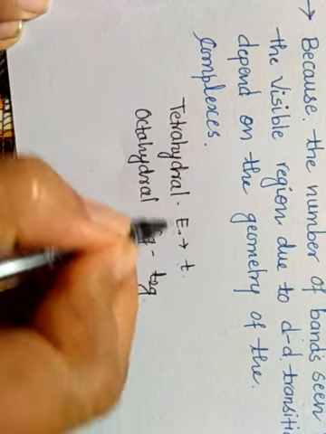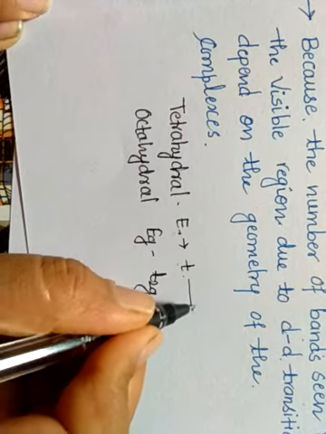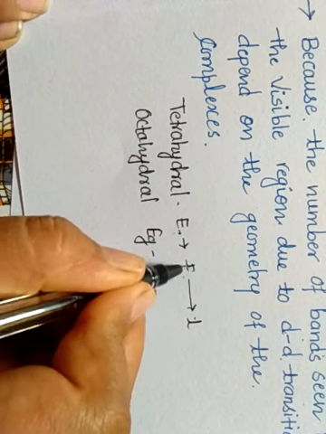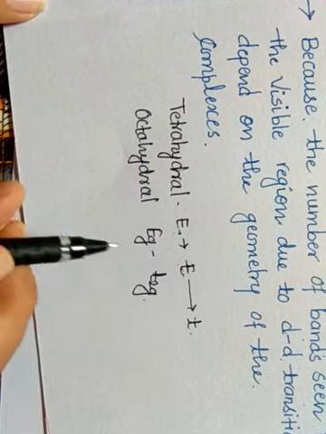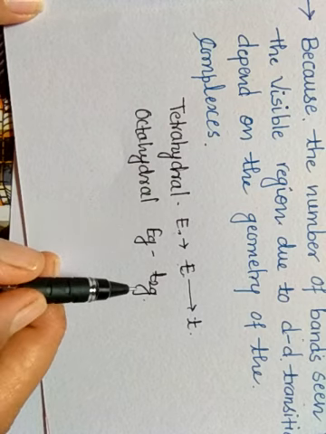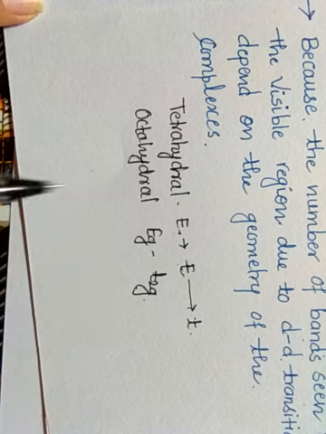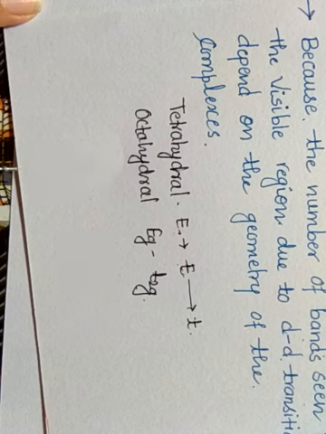Here in the tetrahedral it is E to T, and here it is Eg to T2g. That we will deal with in the next part, you don't worry about it.